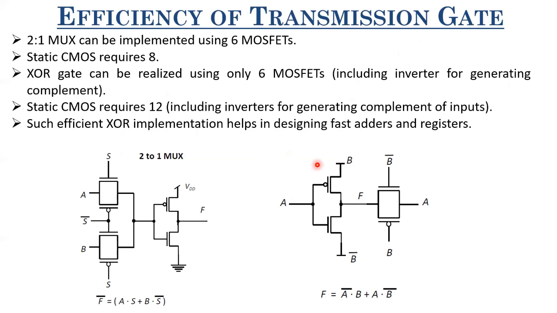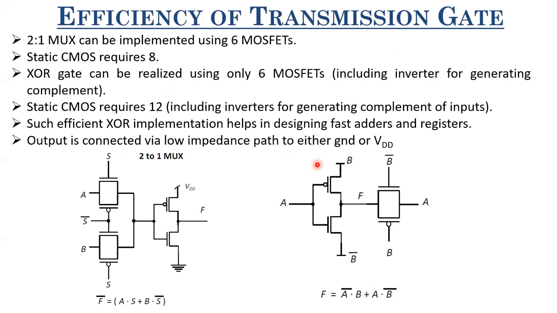So whenever you have to do mux-based circuit design, or whenever you have to design adders, go for transmission gate based logic design. And here also the output is connected via low impedance to ground or VDD, right? So that is also an advantage.